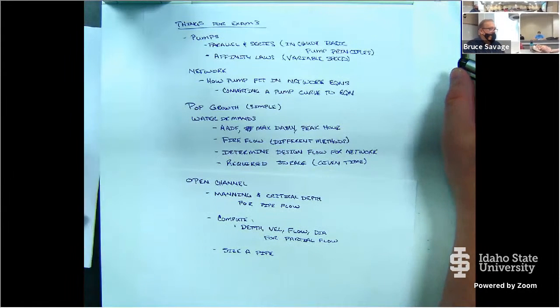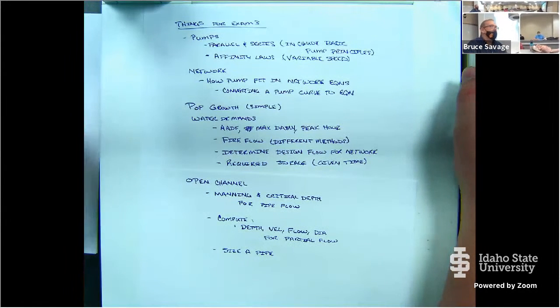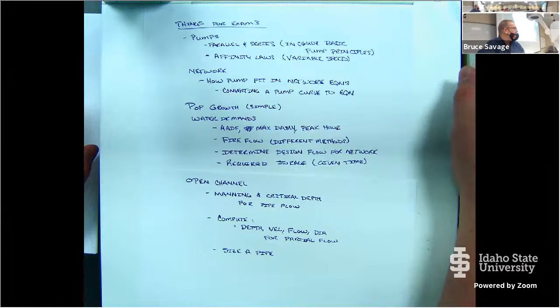The one I made, essentially what I did was I found the paper that the book references for the design graph with the changing Manning's N. Then I plotted up the different N values for different depths.